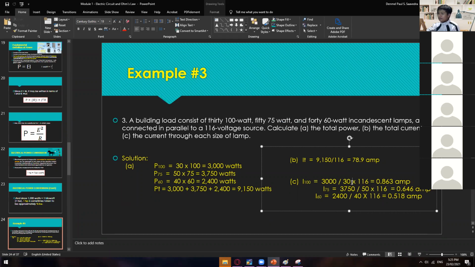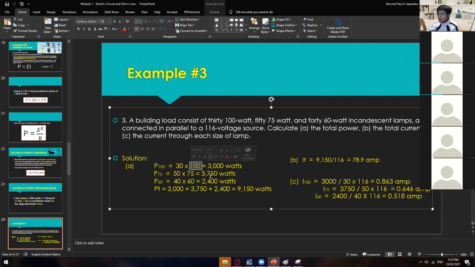So you have to divide it by its count. Since we have 30 counts, you have to divide it by 30. So 3000 divided by 30 will lead you back to 100. The same with this one, it will lead you back to 75 and then 60, which is already given. So P sub 100, P sub 75, P sub 60, and so on and so forth.